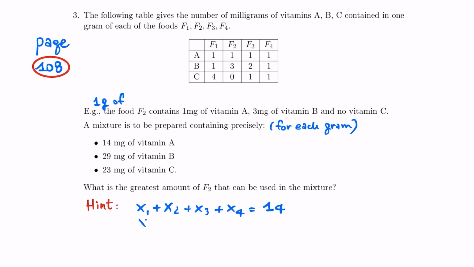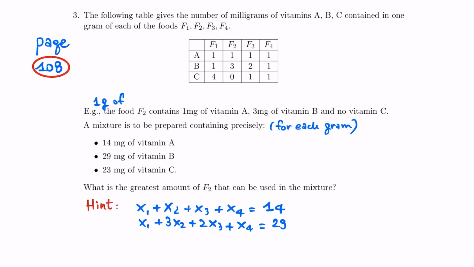Similarly, we have to write x1 plus 3x2 plus 2x3 plus x4 equals 29. Why that? Well, because we want in the mixture 29 milligrams of vitamin B for each gram, and we know that each food will have 1, 3, 2, and 1 milligram of vitamin B to offer.